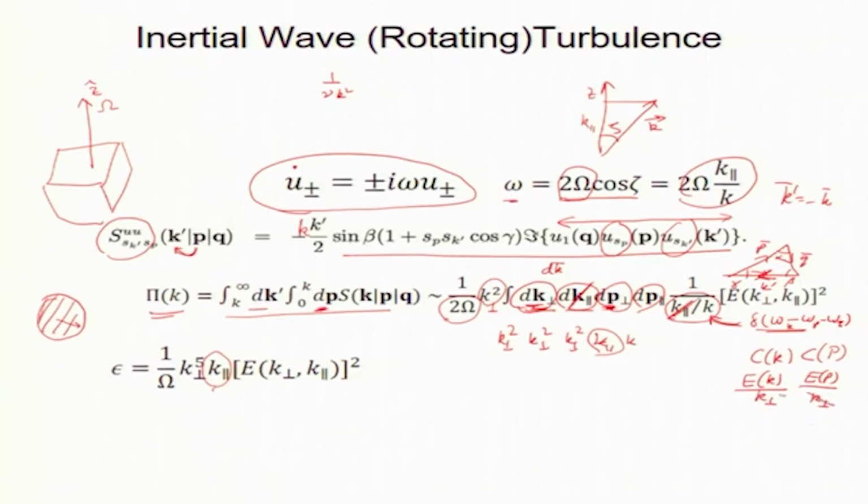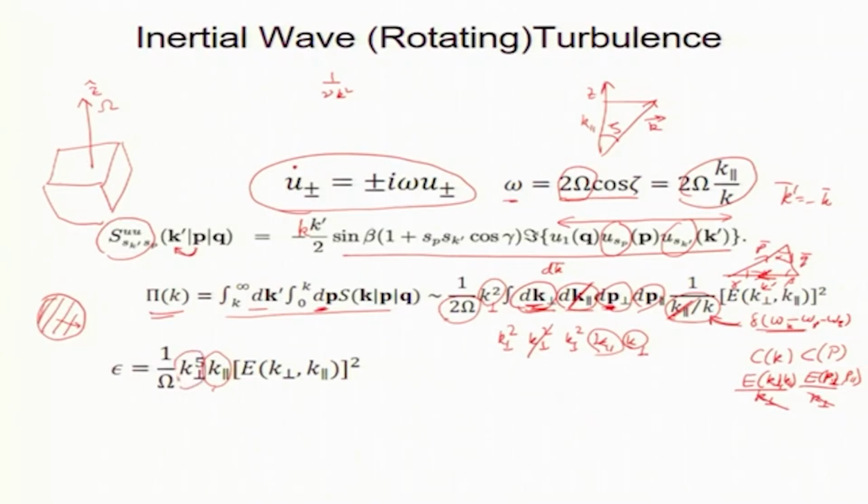So, these 2 k perp will cancel with these 2 k perp, okay. And this is anisotropic, so I am going to write it as k perp, k parallel, and this is p perp, p parallel, okay. So, now this k is quasi 2D, so k is essentially k perp, no. So, I can replace these by k perp.